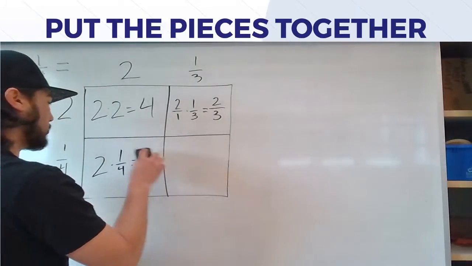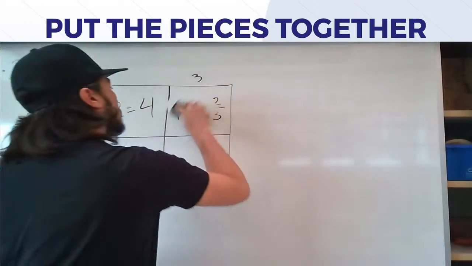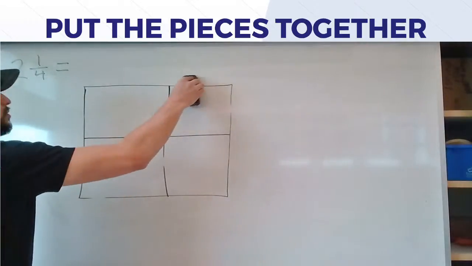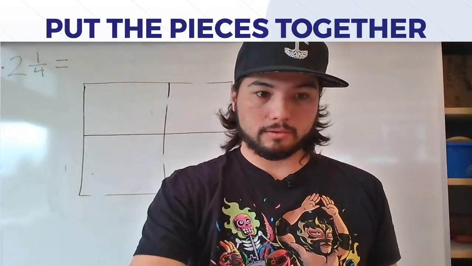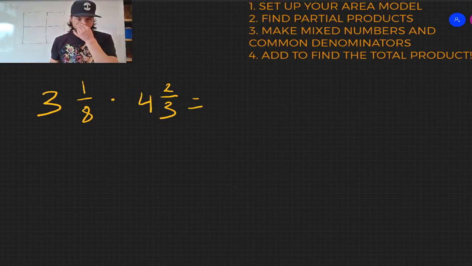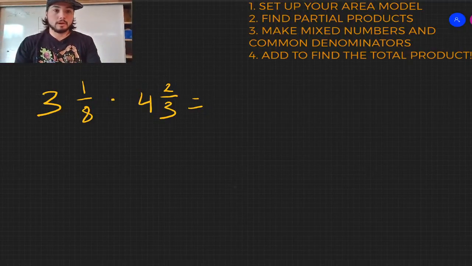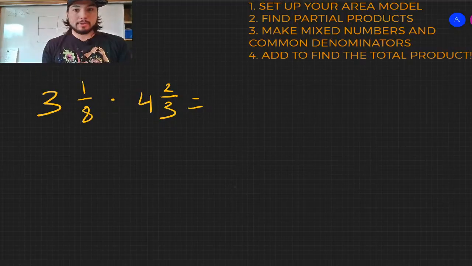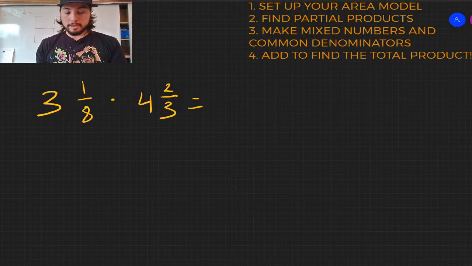Well, we'll jump to our whiteboard because we've got one ready to go. All right. On our digital whiteboard, our problem is going to look like this. 3 1/8 times 4 2/3. And I've put the 4-step process up in the top right-hand corner. So starting with setting up your area model, then find your partial products.